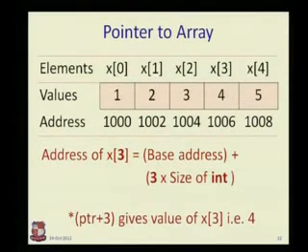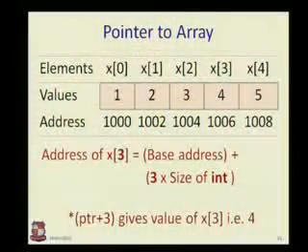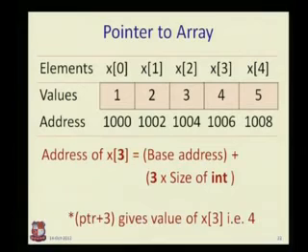It is not 1003. As we have explained, it would be 3 into the size of the integer. Size of integer is 2, so 3 into 2 is 6. It would be 1006. So basically ptr plus 3, I am dereferencing this, and it is pointing to x3. So I can directly use this as in the array. This is the most powerful feature of pointers. I can use pointers with arrays. By using this, I can directly go to any value of the array.